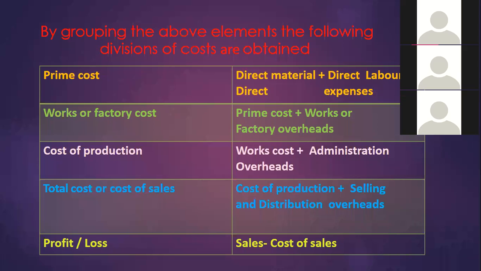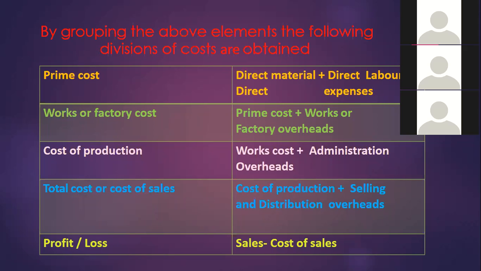Cost of production will include factory cost or works cost plus administration overhead. And lastly, total cost or cost of sale is cost of production plus selling and distribution overhead. And at the last, profit is the difference between sales and cost of sales. Is this clear, everyone, till this point?